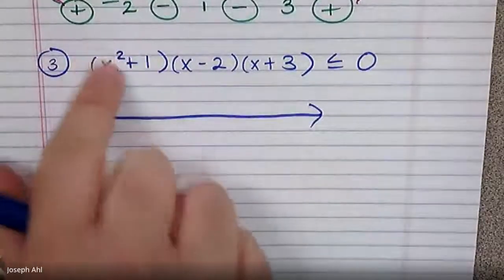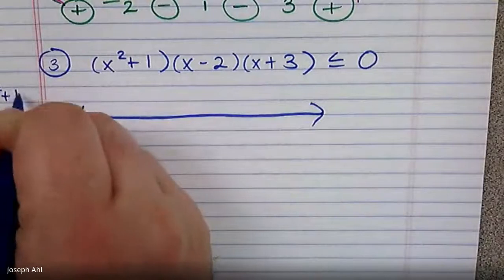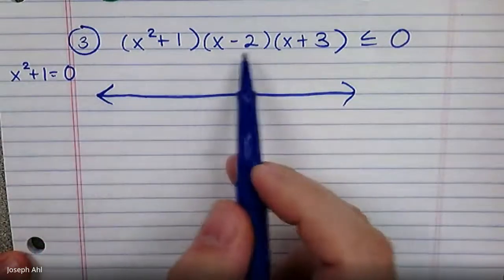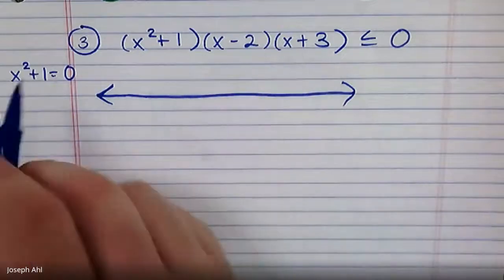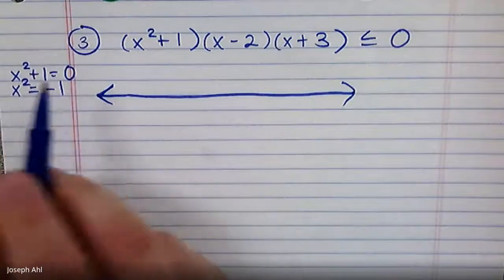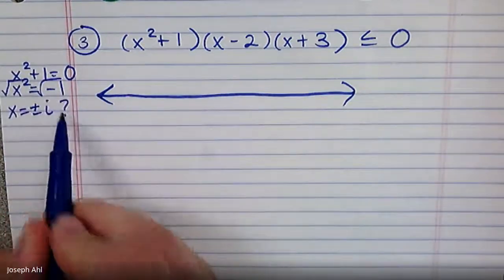Well, what makes this thing equal to 0 here? If I were to do that off to the side, when is x squared plus 1 equal to 0? Because I know this is x equals 2 and this is x equals -3. But if I solve this, I would subtract 1 to the other side, square root to get x equals plus or minus i.